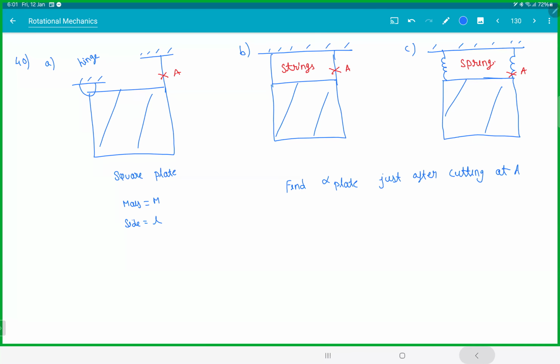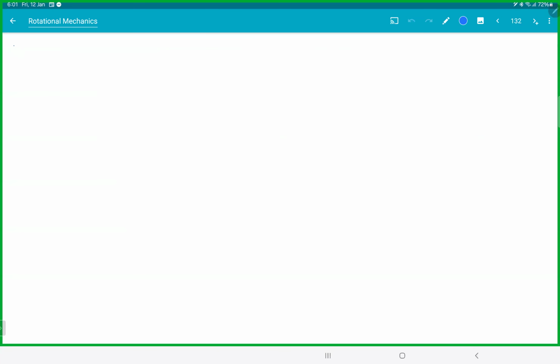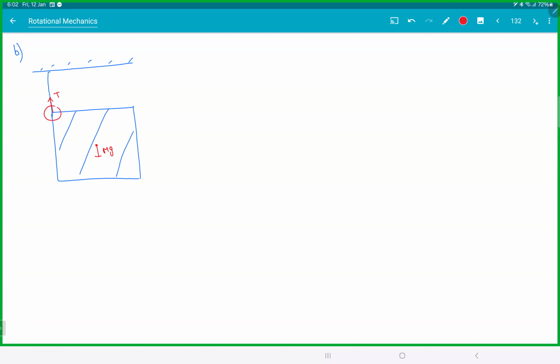See the second one. The problem with the second one is, there's a force T here, there's mg. There are only two forces. No, it is not the same. There are no horizontal forces here. And second thing, do you think this is at rest?